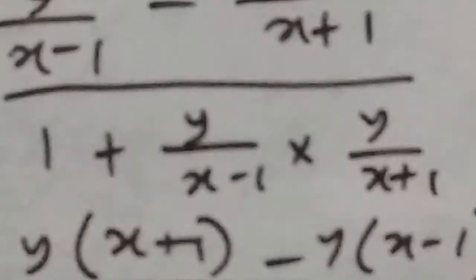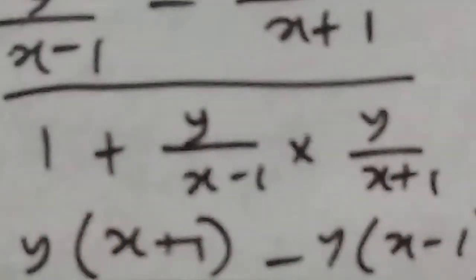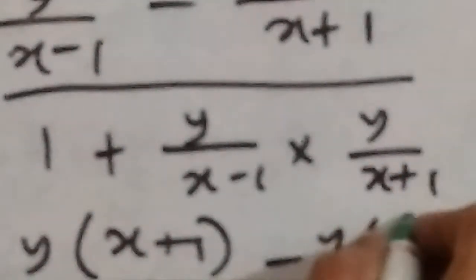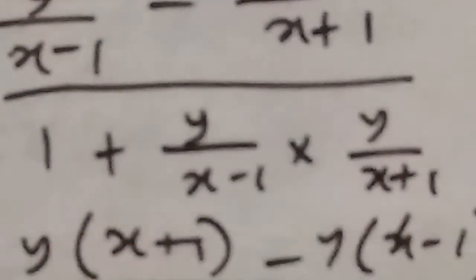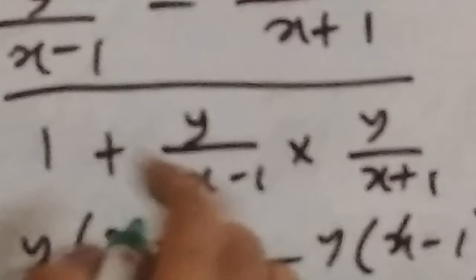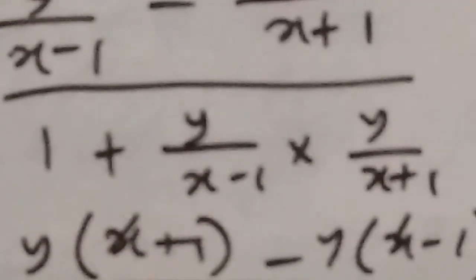After one step jump, I get that, equal to pi by 3. Now it is equal to tan inverse 2y, this cancels with that, by x square plus y square minus 1 is equal to pi by 3.